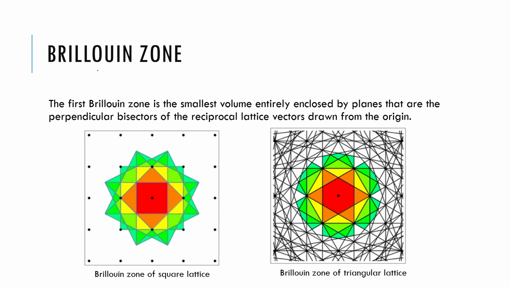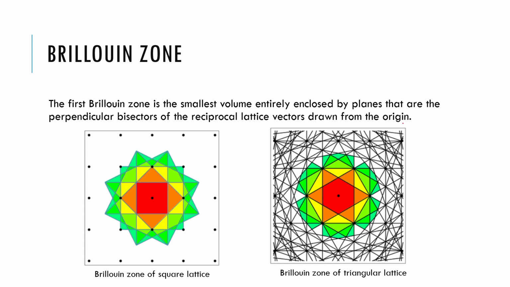Similarly, there is a similar construction associated with the reciprocal lattice that we call the Brillouin zone. The Brillouin zone is the smallest volume entirely enclosed by planes that are perpendicular bisectors of the reciprocal lattice vectors drawn from the origin.